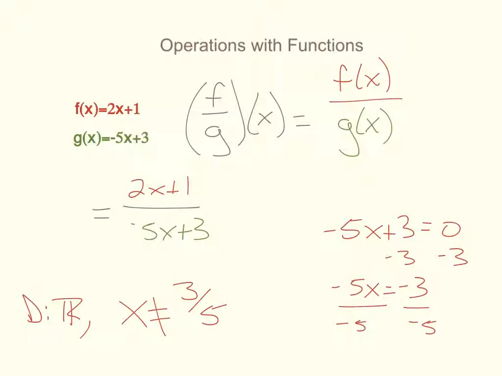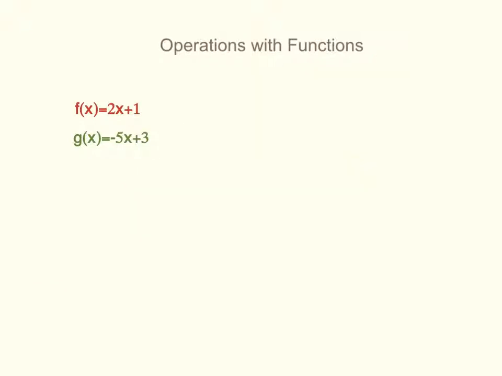But if you're just asked to divide, that's all you're doing with the division. And usually you should state what the domain is. So for the final example of the 4 basic operations, I'm going to do g divided by f this time, and it's the same process.